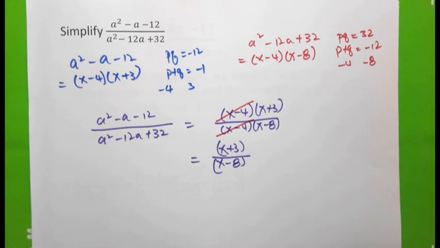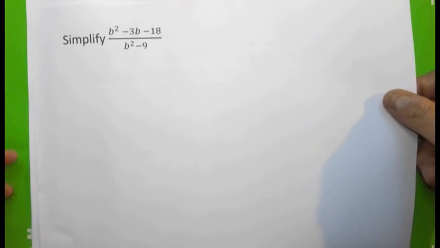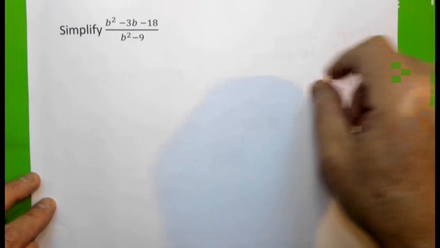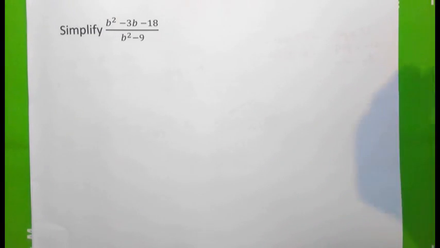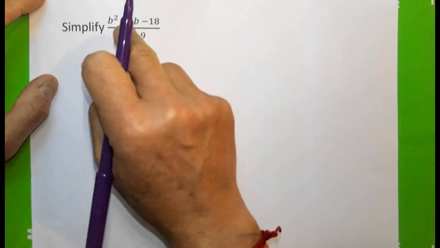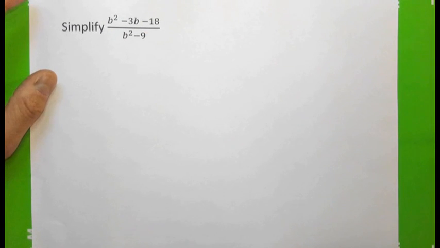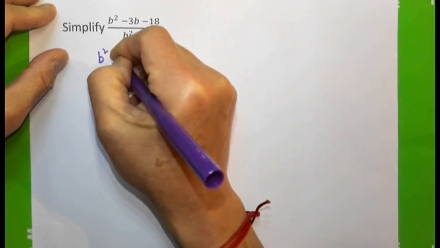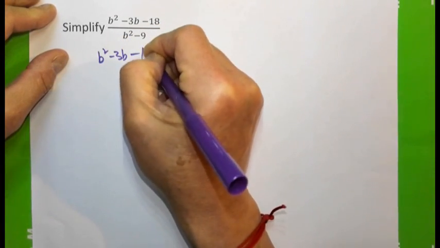Now, what I want you to do is pause the video for about 3 minutes. Try to work out how you could simplify these algebraic expressions. I think you've got enough time. Let's have a look at how to factorize the numerator and then the denominator. So we've got b squared minus 3b minus 18.